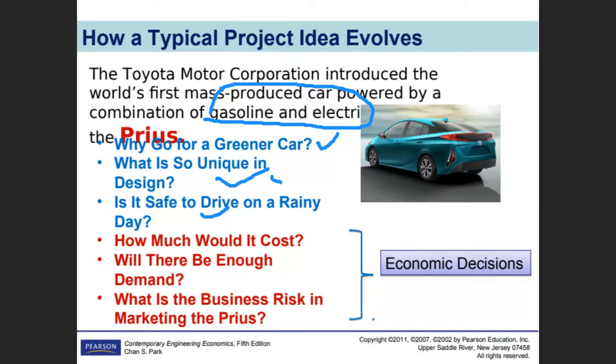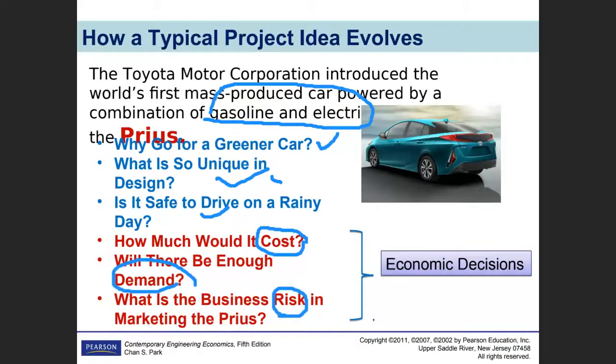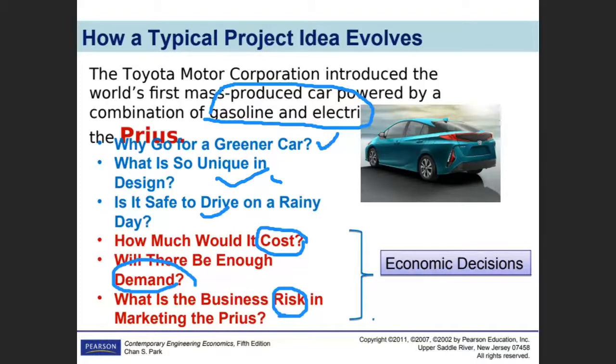These are all engineering decisions. What are the economic decisions? What would be the cost? Will there be enough demand? What will be the risk in selling this product? So all of these are economic decisions, and the above are engineering decisions. So someone has to make them. Again, who will make these decisions? Engineers. So that's why you need to have an understanding of this course.